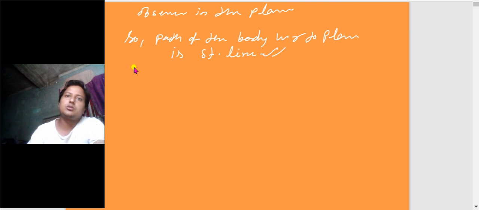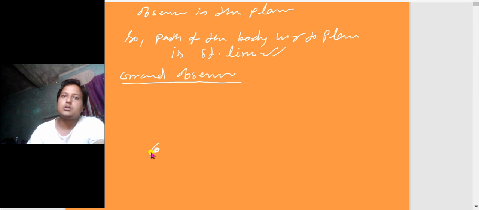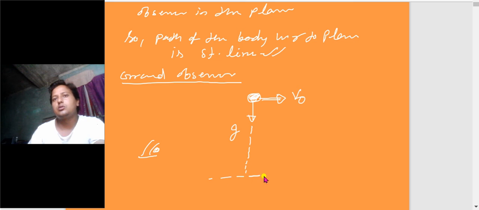Now for the ground observer, he sees that the body is moving with the plane with a speed v0 and accelerating downward due to gravity, so this will trace a parabolic path.